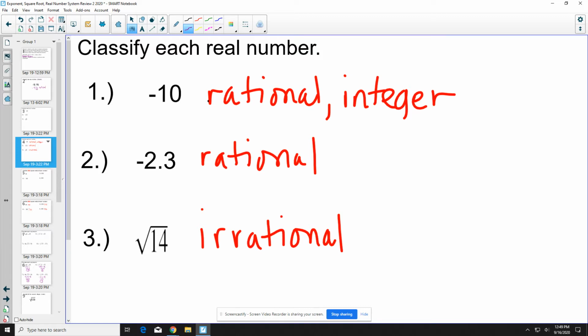Number 2 is rational because you can write it as negative 2 3/10. So since you could write it as a fraction, it's rational. It's not a whole number or integer because it has a fraction part. It's not a natural number either. Number 3, you should have had irrational because if you take the square root of 14, you get a decimal that keeps going and doesn't repeat.